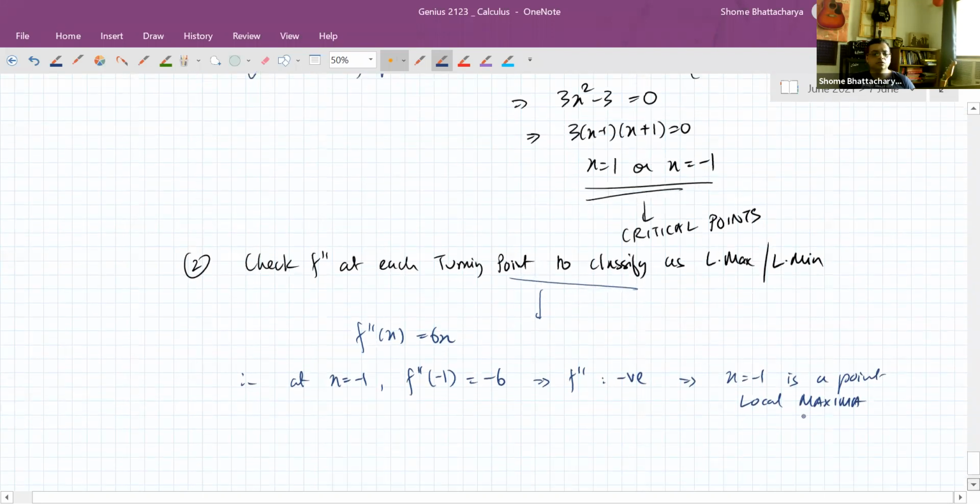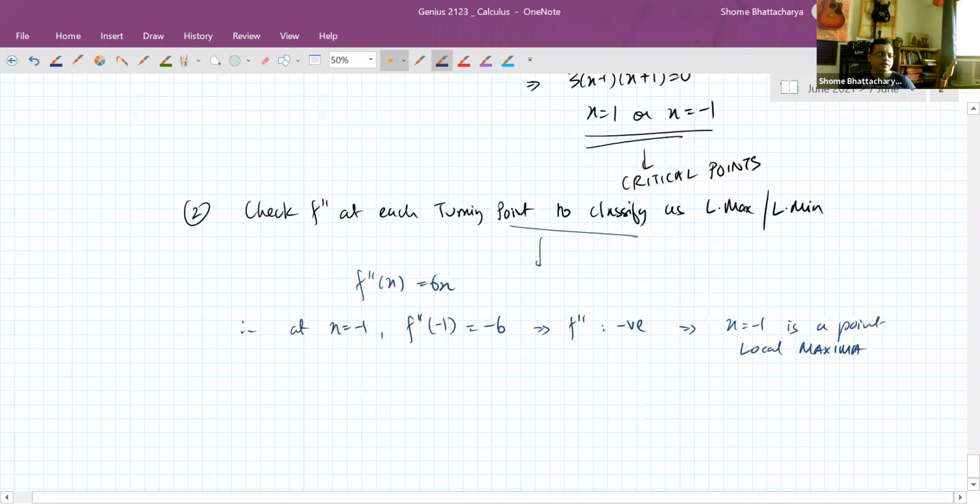Okay. It is not the local maxima. It is the point where the local maxima occurs, because the local maxima is the y coordinate of the graph. And at x equal to +1, f double prime of +1 is +6.